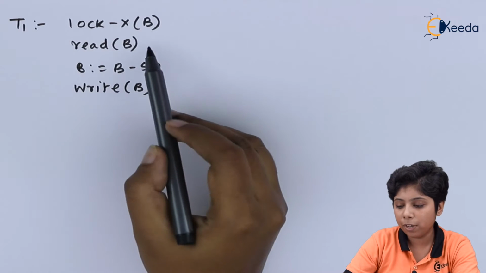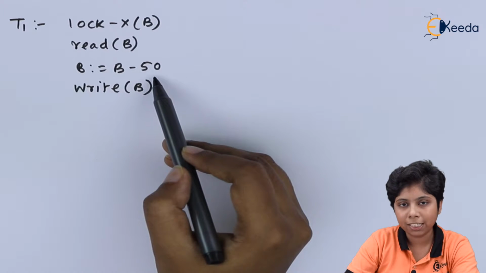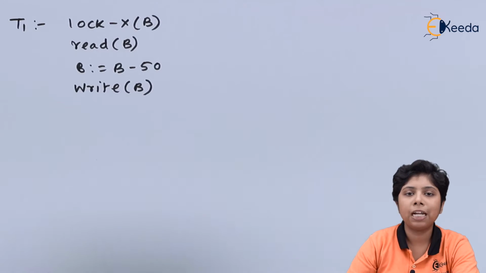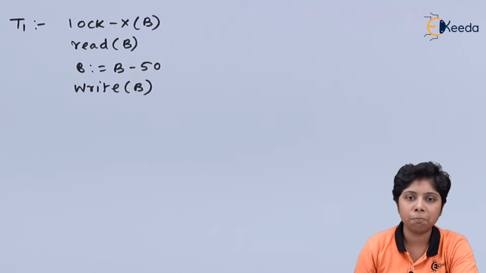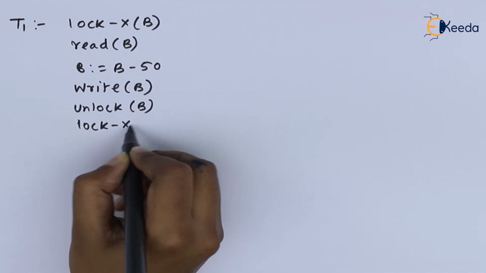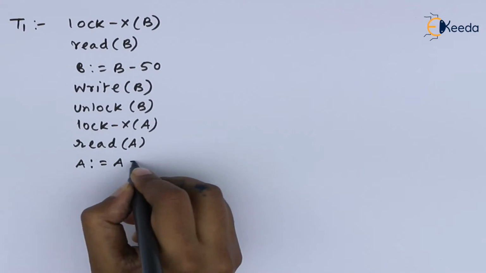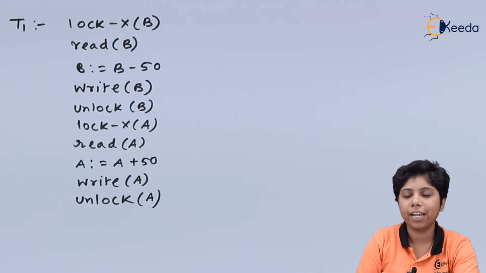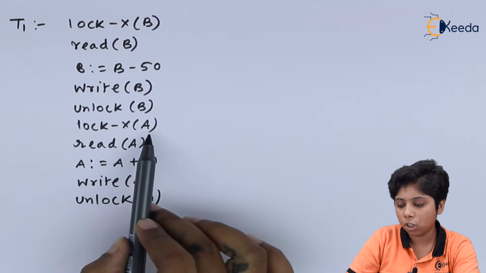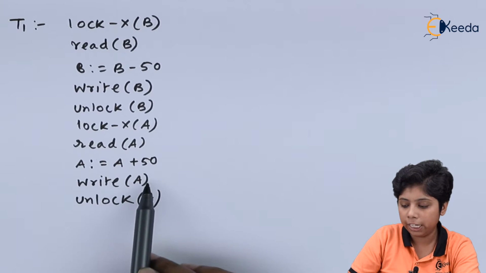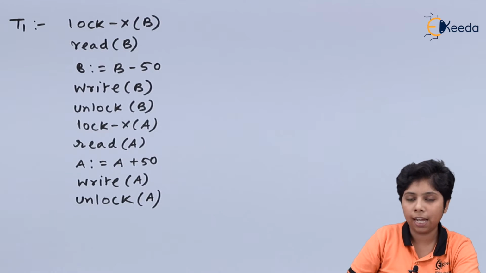After that, we read the value of B, subtract 50 from B, and finally update B. After updating the data item B, we unlock B, which means B is now released. Then we acquire an exclusive lock on data item A, read the value of A, add 50 to A, update A and unlock A.